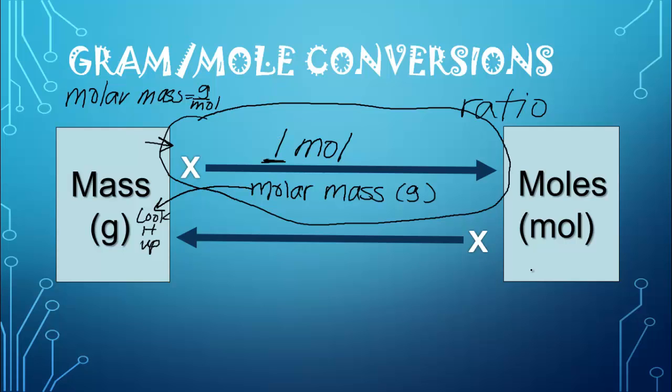So if we are going the other direction, changing from moles to grams, we want to get rid of moles, and moles would go on bottom, so we would have 1 mole on bottom, and we would still put the molar mass on top. So you can see all we did was flip these ratios. So let's do some problems and take a look at how these ratios work.